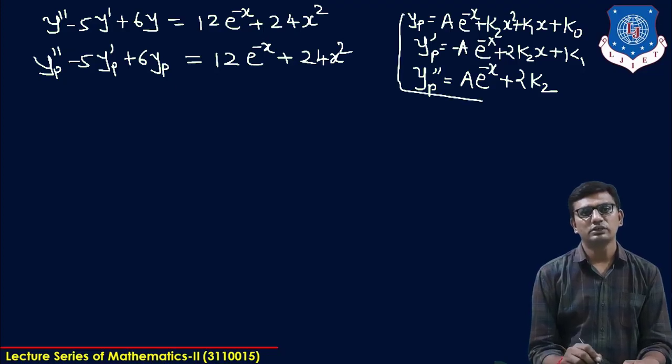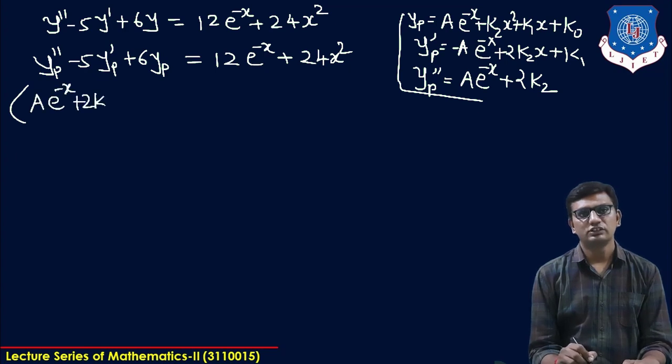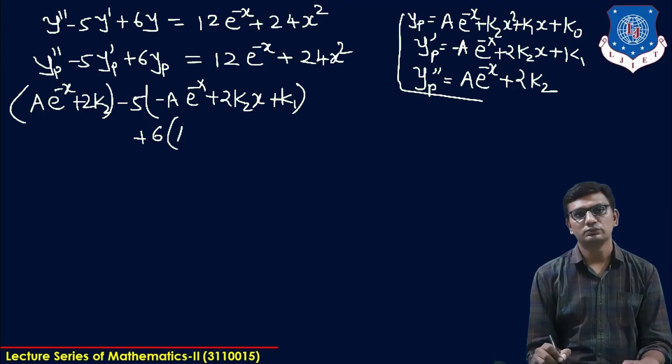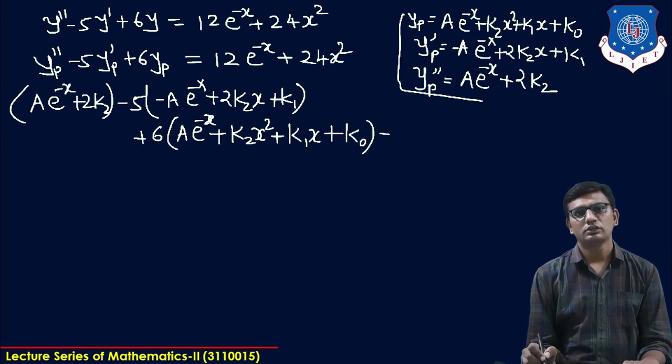Now putting the values in this differential equation, we get a e raised to minus x plus 2k2, minus 5 times minus a e raised to minus x plus 2k2x plus k1, plus 6 times a e raised to minus x plus k2x square plus k1x plus k0 equal to 12 e raised to minus x plus 24x square.